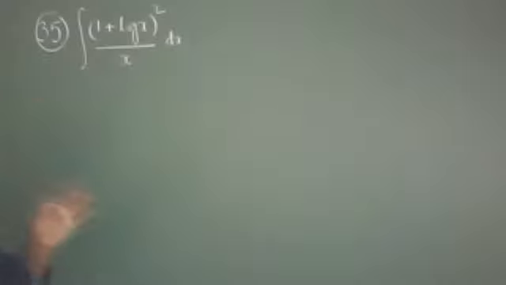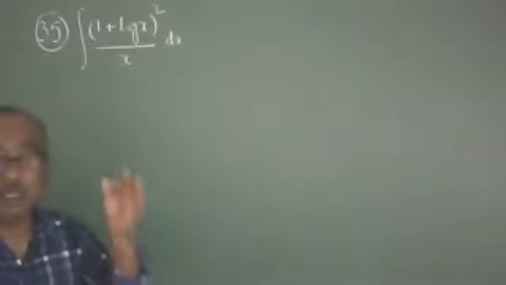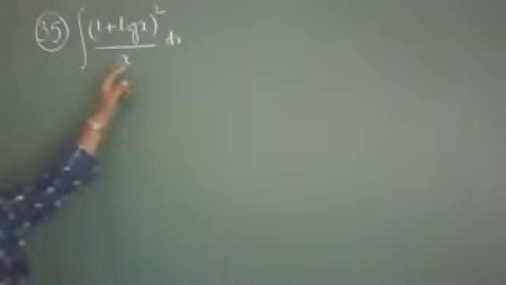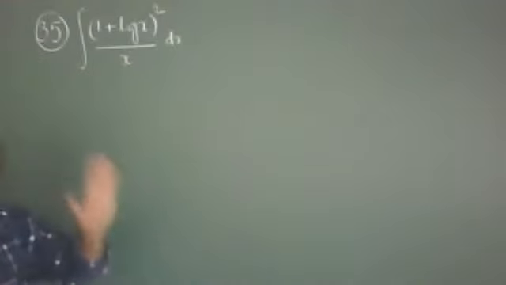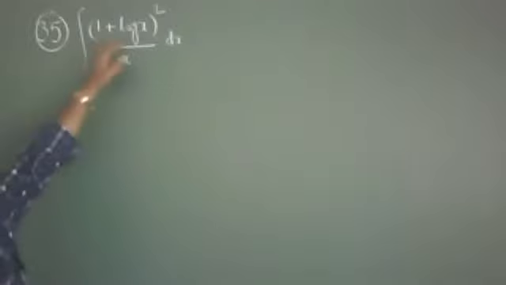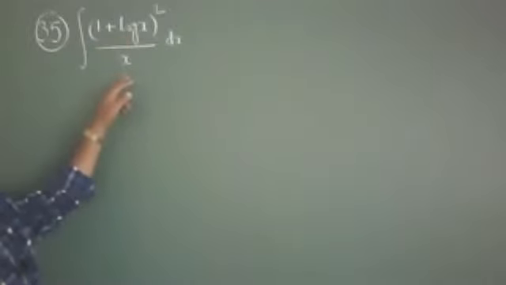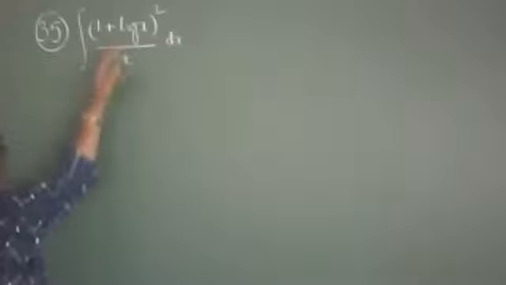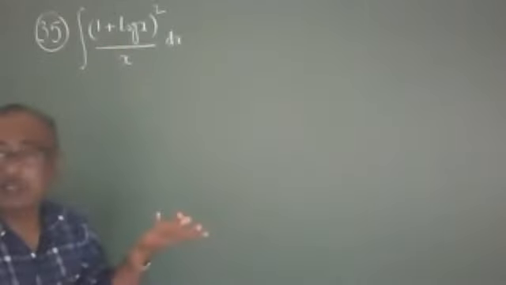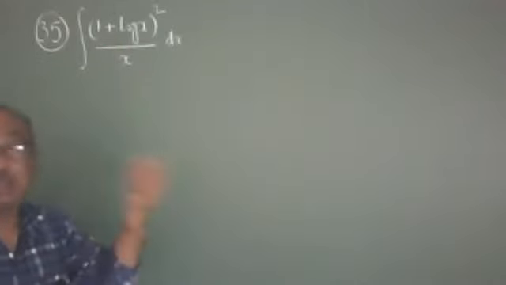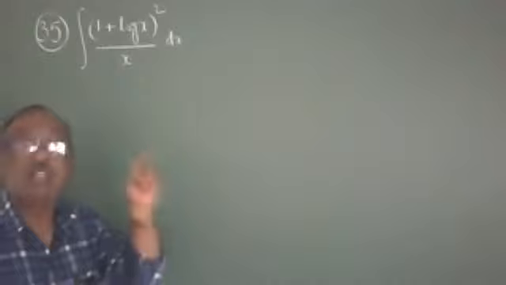Now, what method are we following? The method is: whichever function has its derivative present, let that function be t. Log x has the derivative 1 by x, and 1 by x is already there. Therefore, let log x be t. A constant can also be included in t with no loss, because the derivative of a constant is 0.